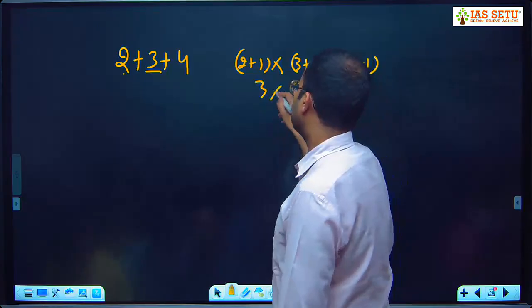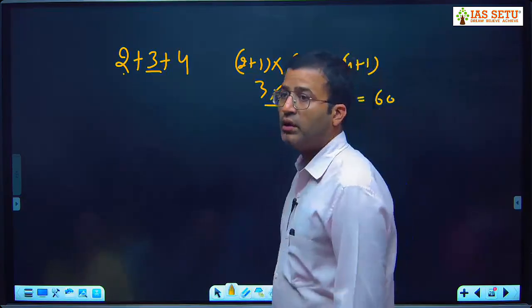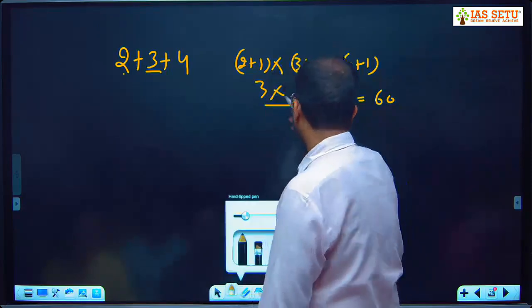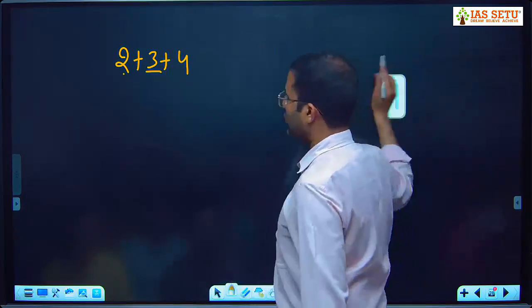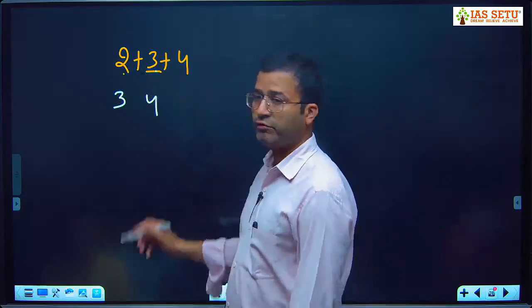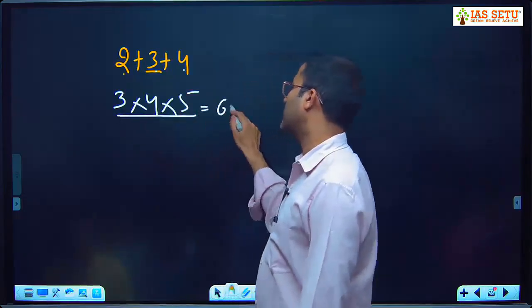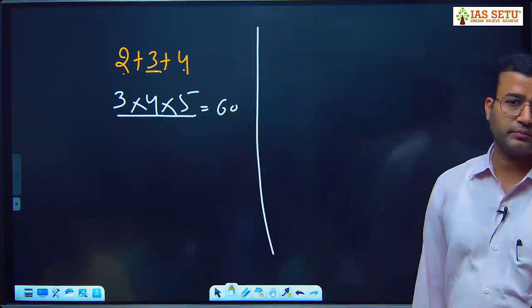So it is 3 into 4 into 5, 60. But I tell you, you skip this step. इसको क्यों ले जा रहे हो? जैसे क्या है कि 2 cuts give you 3 pieces, 3 cuts give you 4 pieces, 4 cuts give you 5 pieces, multiply, your answer is 60.